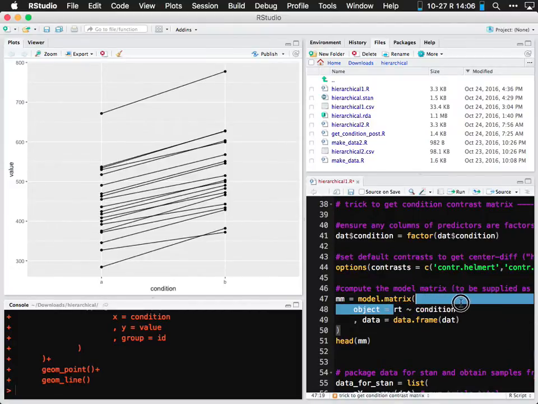The value we're supplying to the object argument is a formula describing the relation. There's a squiggle that's saying on the left-hand side is the outcome, and on the right-hand side is the predictor. We just have one outcome, RT, and one predictor, condition.